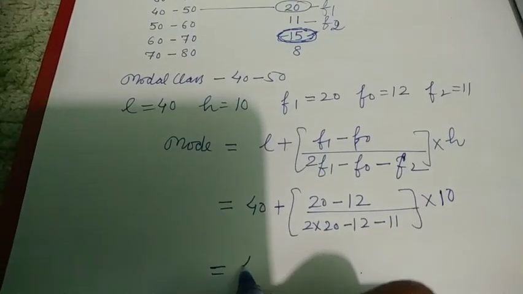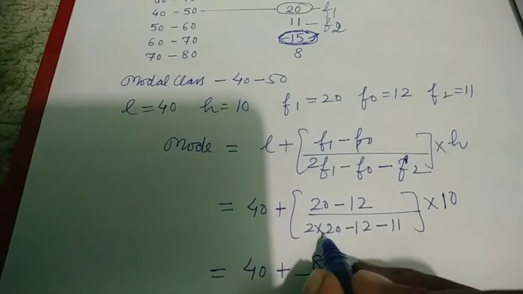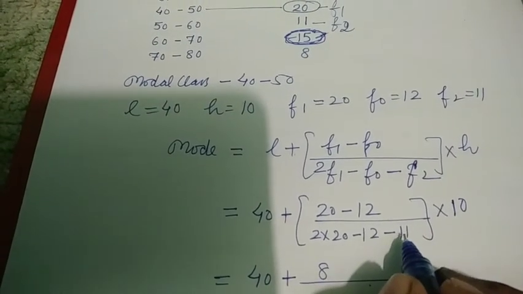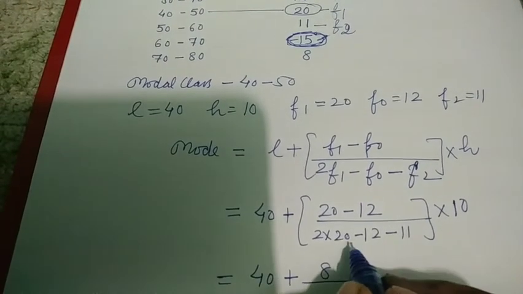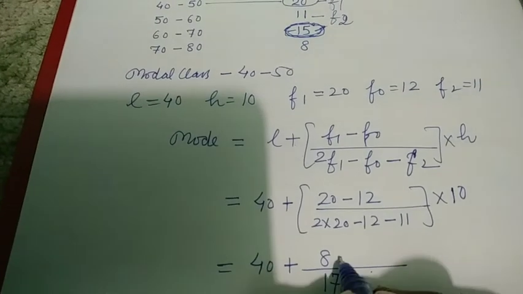When I further solve this, I'll get 40 plus 20 minus 12, that will be 8, upon 20 2s are 40, 40 minus 12, 28 minus 11 will be 17, into 10.